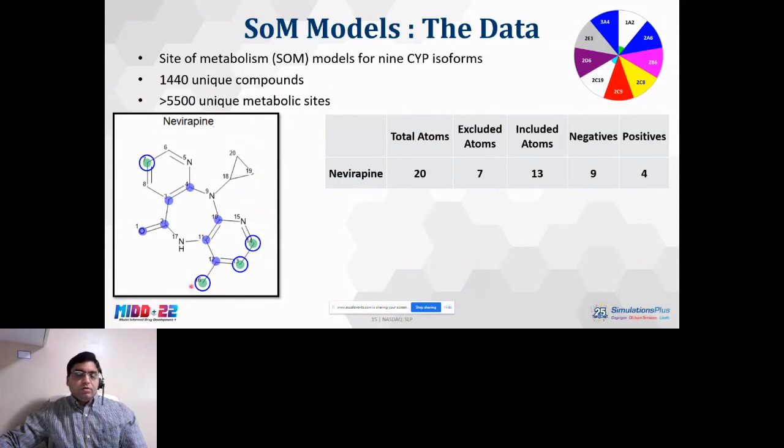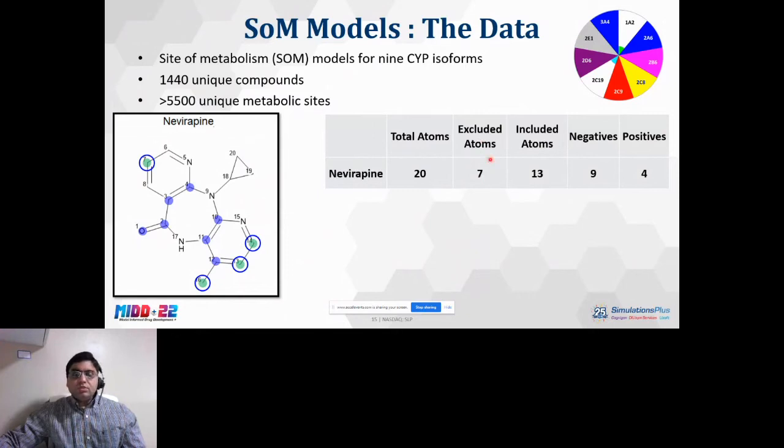The overall nevirapine compound contains 20 non-hydrogen heavy atoms. There are a few atoms which we do not include in our study. We call them excluded atoms.